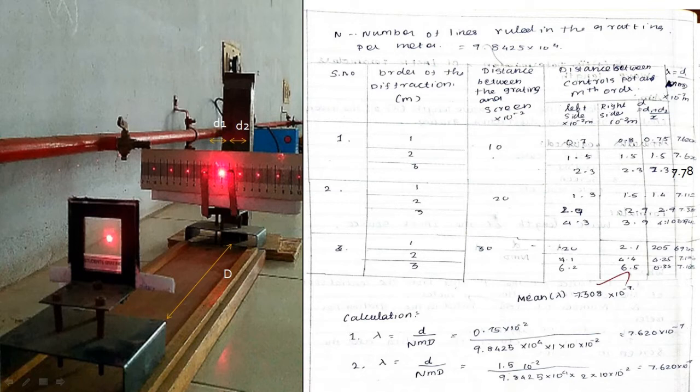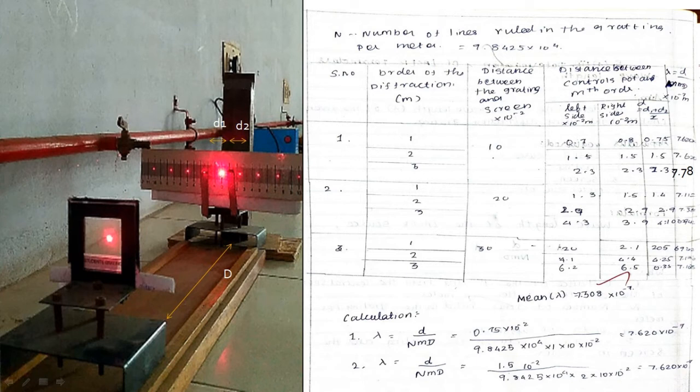Now we substitute these values in the wavelength formula. The wavelength formula: lambda equals small d divided by capital N M into capital D. Now small d is 0.75 into 10 to the minus 2, divided by capital N, the number of lines per meter, 9.8425 into 10 to the power 4, into M equals 1 for the first diffraction, and the distance 10 centimeters.